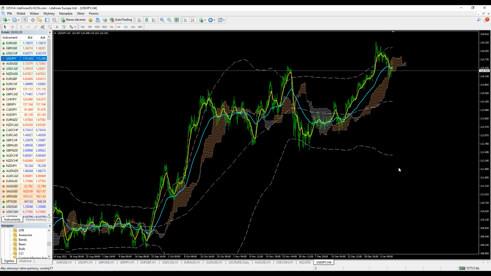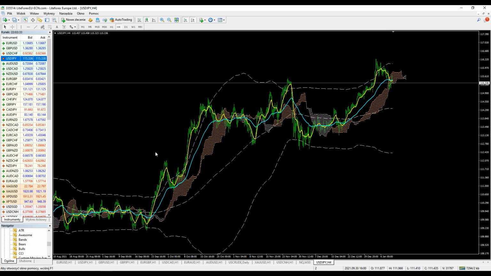So what's the approach? The cross of the 9 and 50 moving averages is some kind of signal, right? Once we have a cross, especially with the confirmation when both moving averages are going, for example, above the midline, that's a quite strong signal.